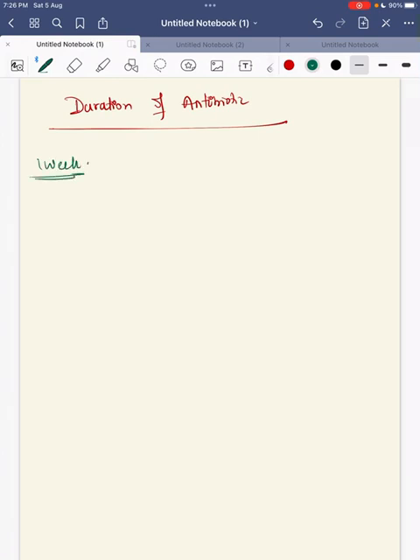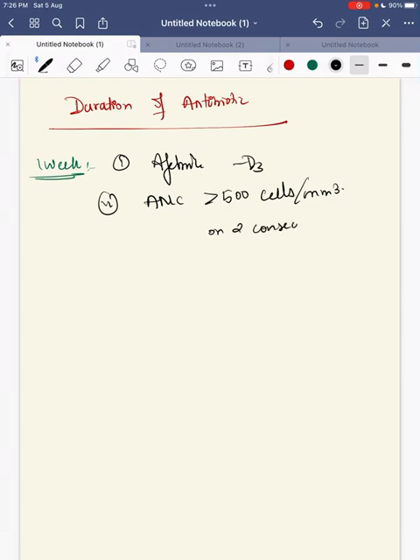One week duration is given if the child is afebrile on day 3. Second, when the absolute neutrophil count has increased to more than 500 cells per cubic millimeter on 2 consecutive samplings, and the child is a low risk patient and cultures are negative, then you can stop the antibiotic within 1 week.